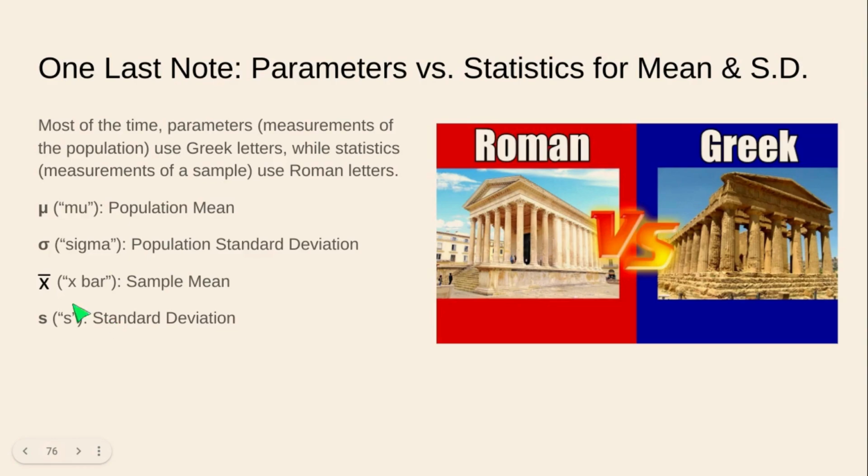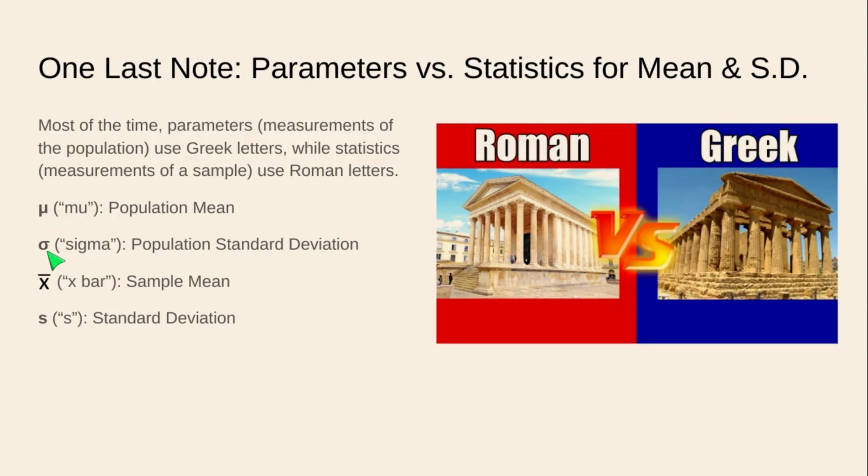These are Roman letters, X and S. We use them to talk about sample stuff, sample mean, sample standard deviation. If we're talking about the population, then we would use mu, all right? This cat right here is Mew. If you are a fan of a certain anime involving pocket monsters, then yes, you are familiar with Mew, but this is a different Mew, all right?